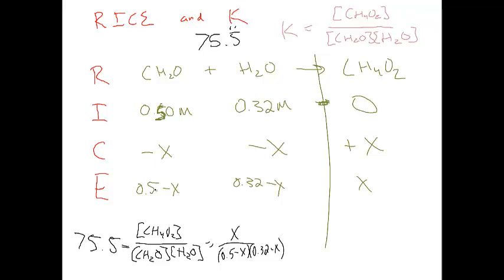The next problem involves a really tiny K. So we have a reaction below where the K is 3.71 times 10 to the minus 18. That's what we call a tiny K. So in this reaction, what do we know? Is it going to favor the products or the reactants, Alexei?